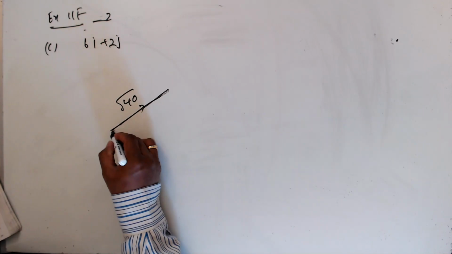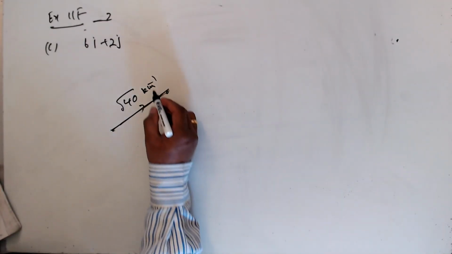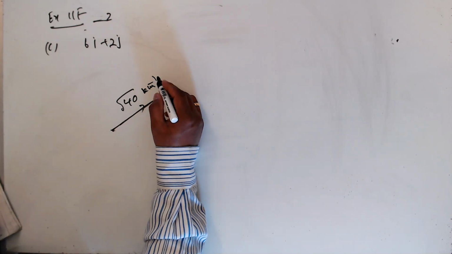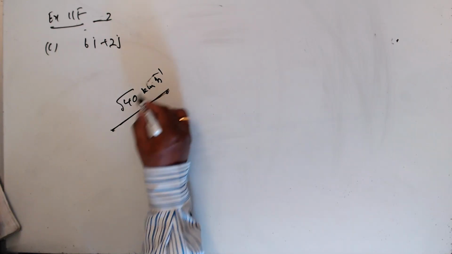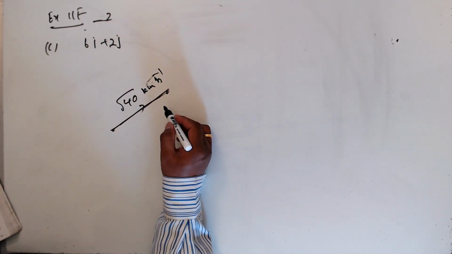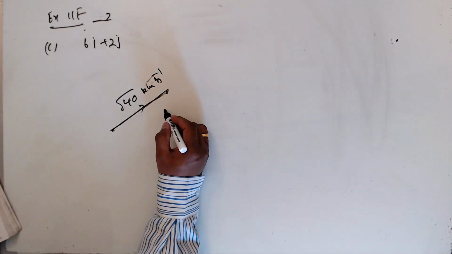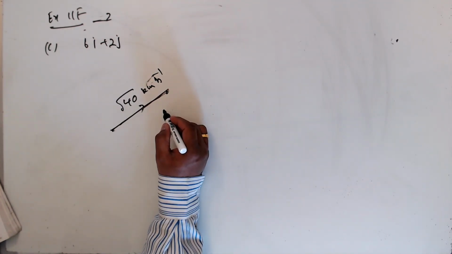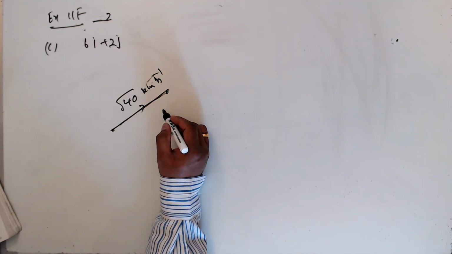Now you are moving square root 40 kmh minus 1. If you go 1 hour, you are going square root 40. If you go 45 minutes, 45 minutes means 3/4 of 1 hour.